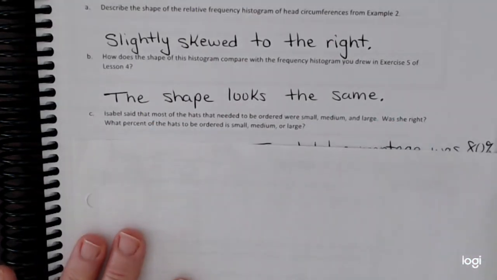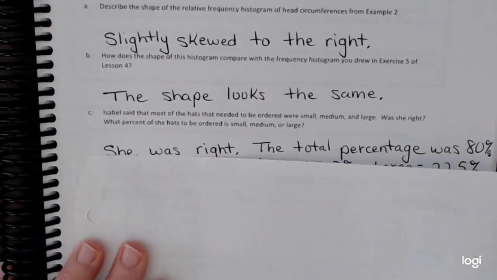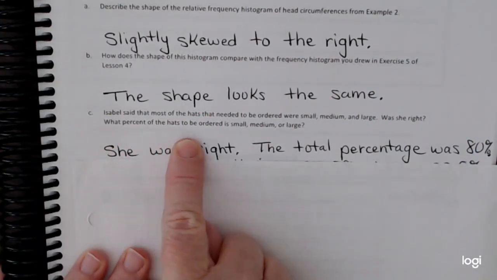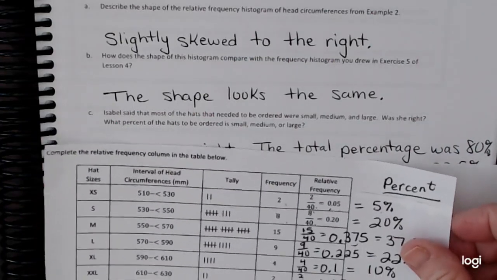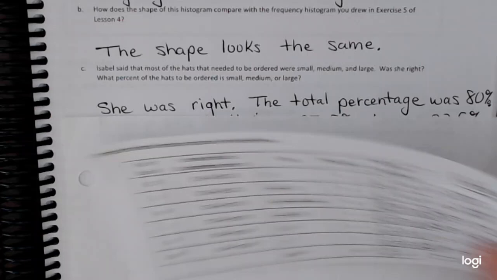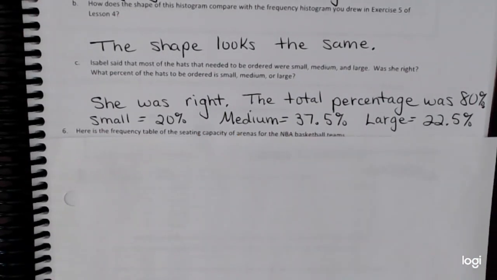So what I did is I put on here that she was right. The total percentage was 80. And we added that up with our calculator on the previous page. And then the question wants to know, what percent of the hats to be ordered is small, medium, or large? We solved that here on our paper as well. And so all I did was copy that information and put it right there. So I'll give you an opportunity to go ahead and write that down on your paper.